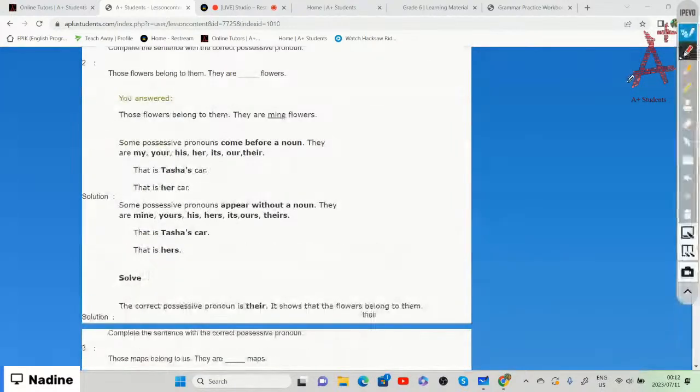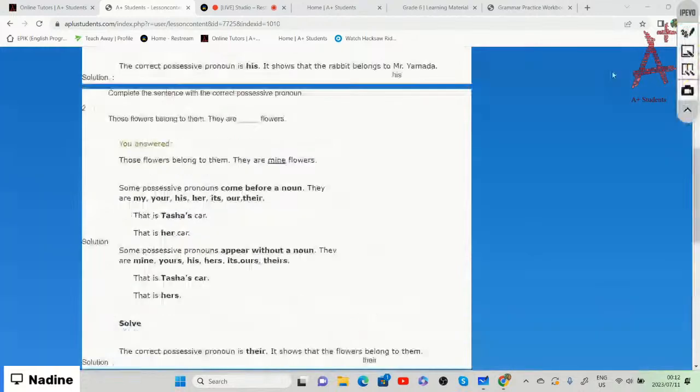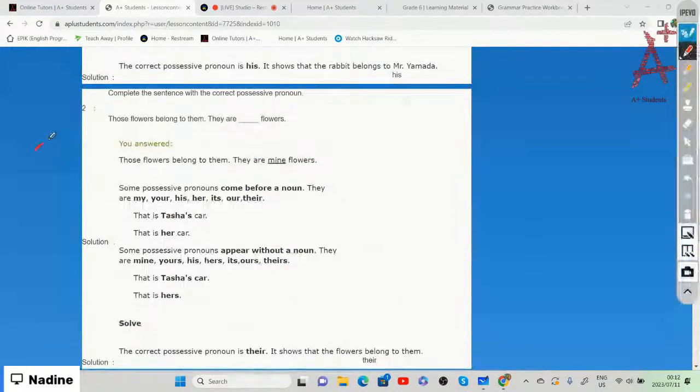All right, next one. It says complete the sentence with the correct possessive pronoun. Those flowers belong to them.